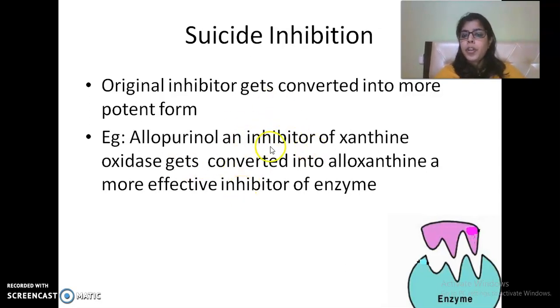So when allopurinol inhibits xanthine oxidase, it gets converted into alloxanthine. So alloxanthine is a product after allopurinol is added to the active site of xanthine oxidase. However, this alloxanthine is a still more effective inhibitor of this particular enzyme. So the inhibitor is inhibiting its own enzyme, and the product which is being formed inhibits even more. So it ultimately leads to suicide inhibition.